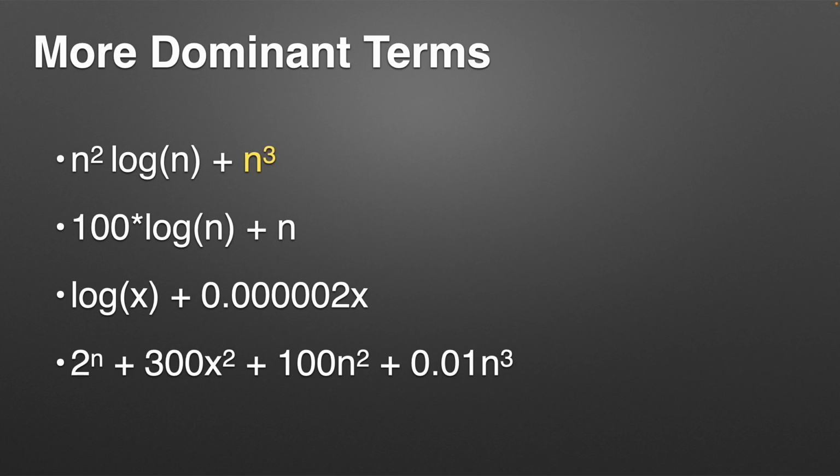Okay, so the next one, what's the dominant term? Because you said log n was between 1 and 2 or something like that? It'll depend on the n. I mean, it's just taking a logarithm of it. What's important here is that it's less than n.